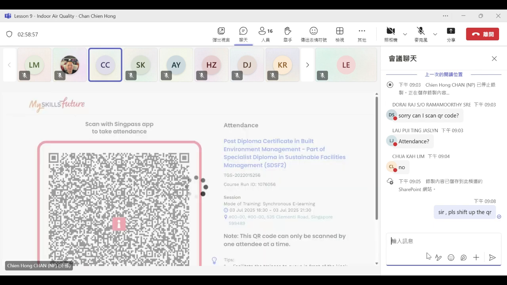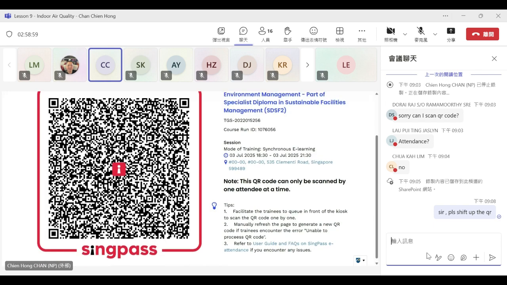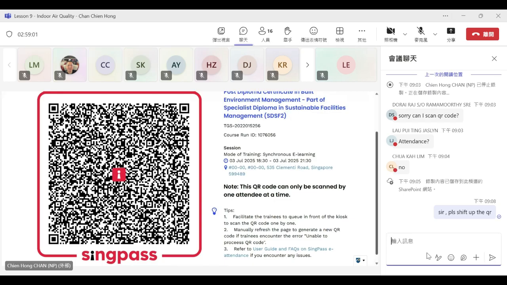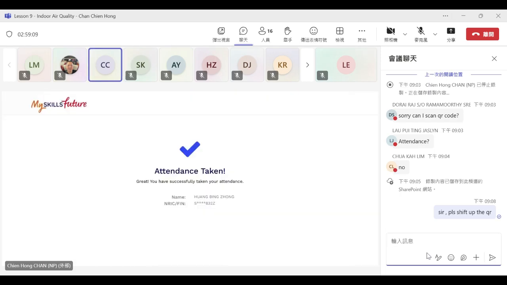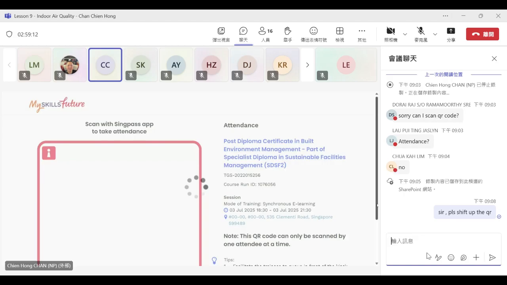Justin's attendance taken. Min Zhong's attendance taken.